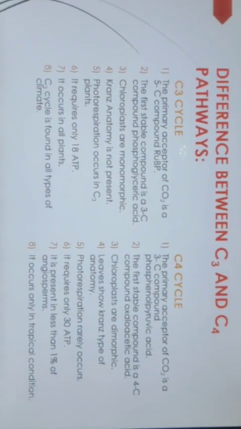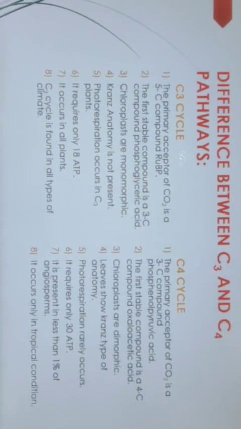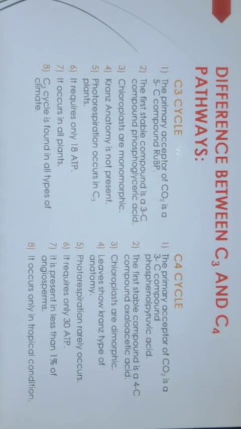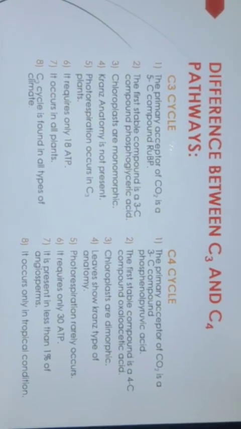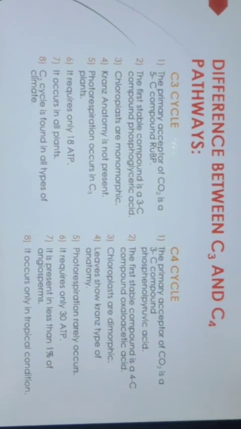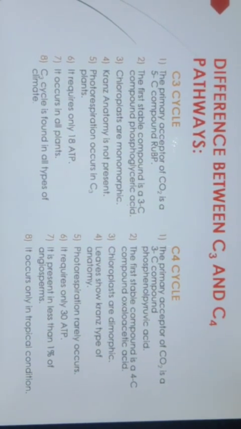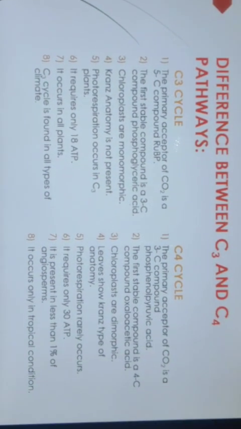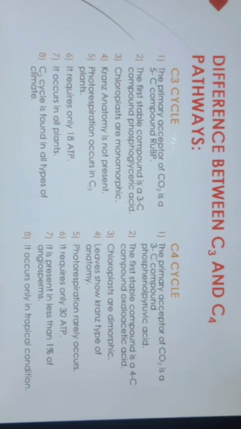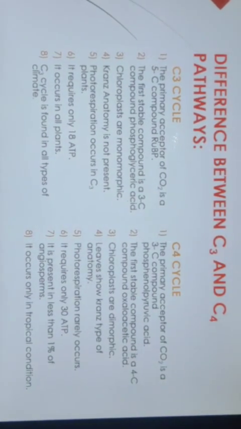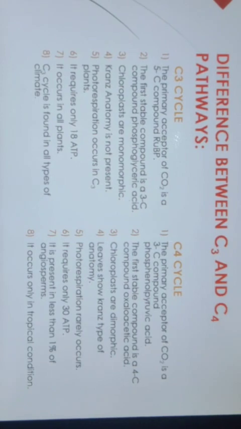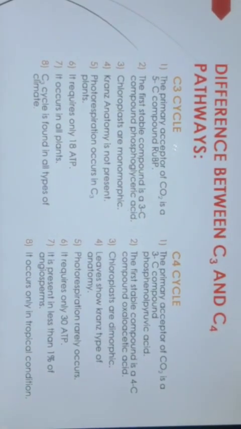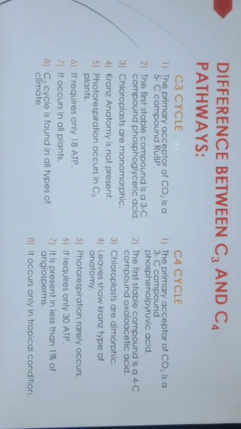So in the C3 cycle, the primary acceptance of carbon dioxide is done by a 5-carbon compound, whereas in the C4 cycle, the primary acceptor of carbon dioxide is a 3-carbon compound. So in the C3 cycle, carbon dioxide is accepted by a 5-carbon compound, whereas in the C4 cycle, the carbon dioxide is received by a 3-carbon compound.